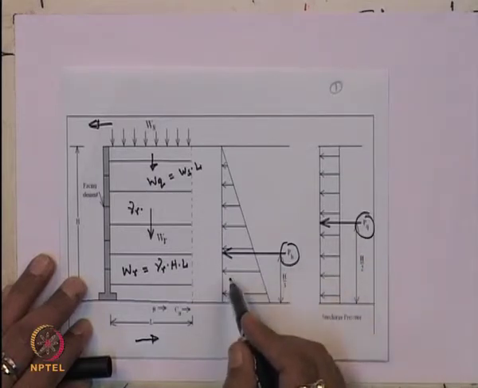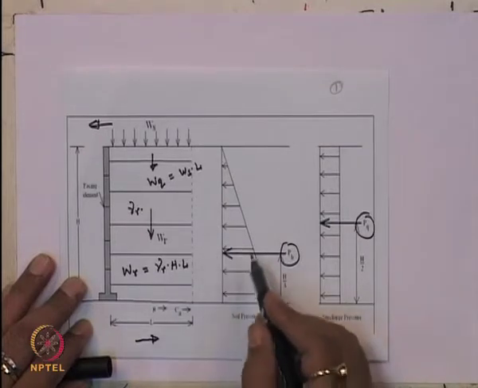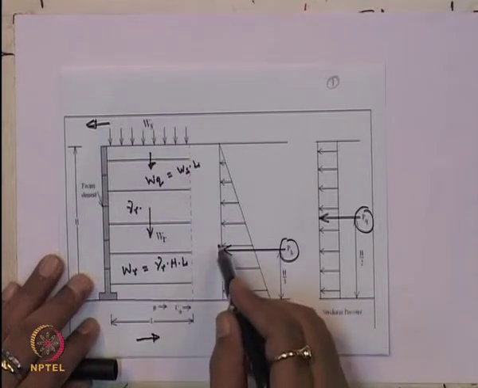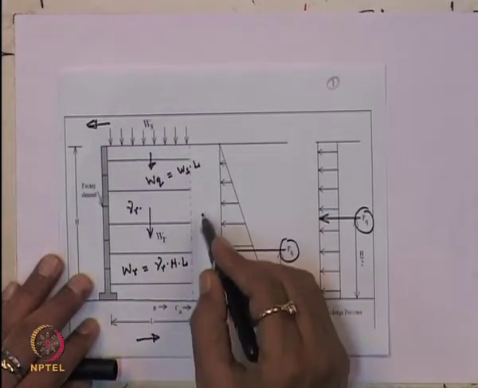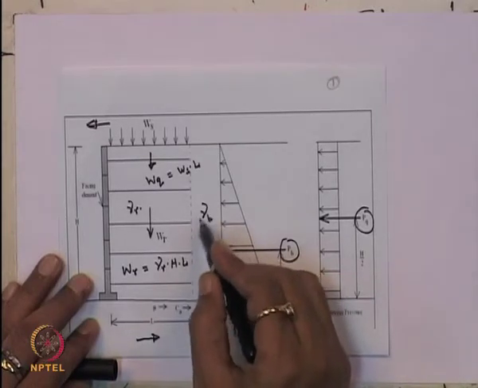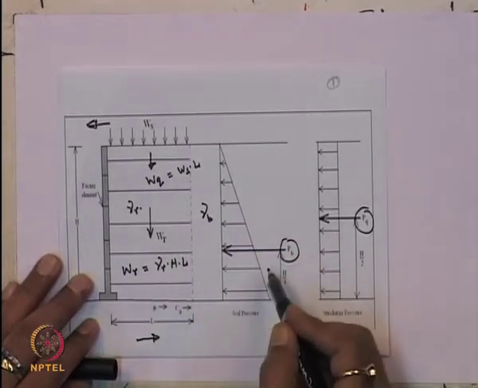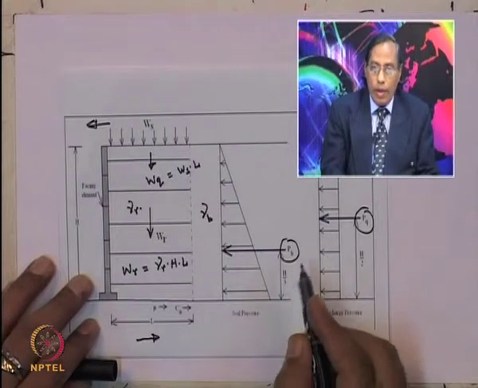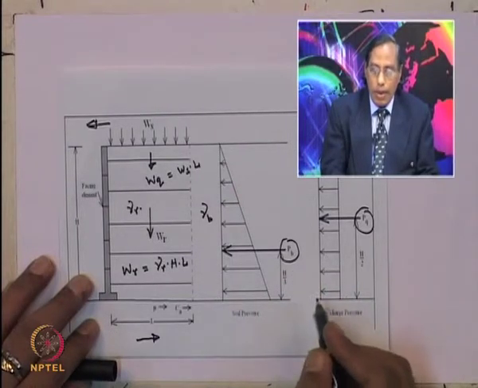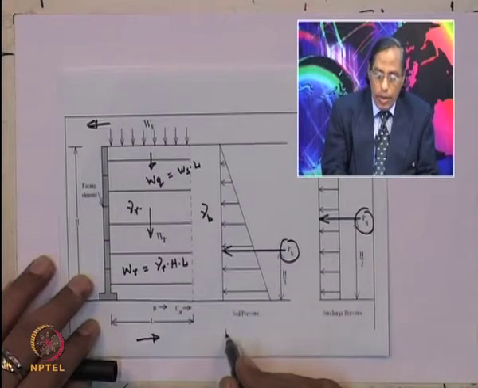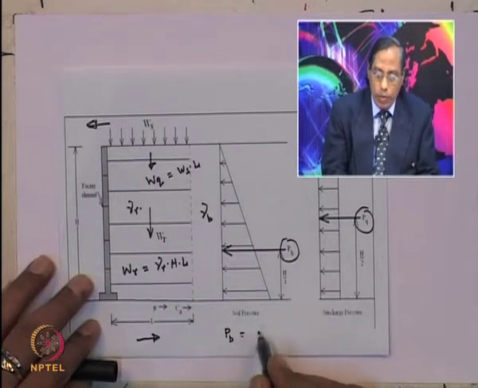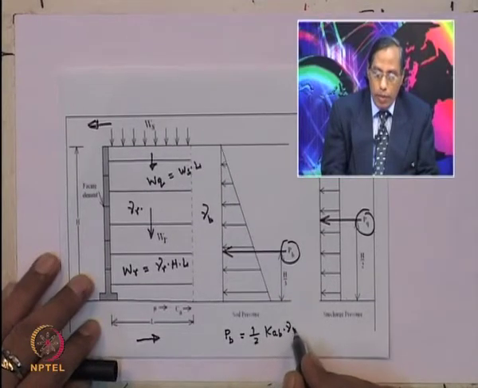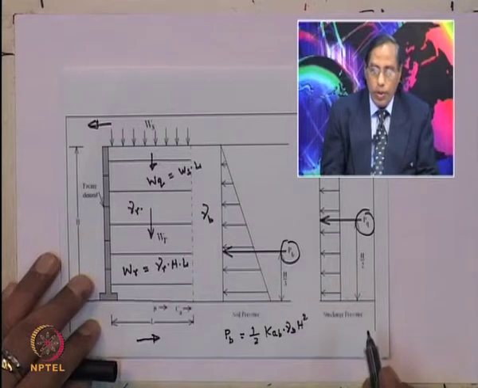So what is PB? PB is equal to half into KAB into gamma B into H square, where gamma B is the unit weight of the backfill soil.